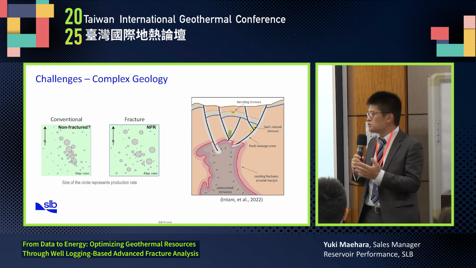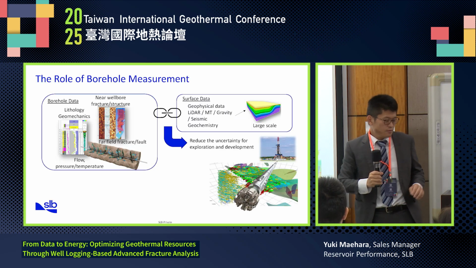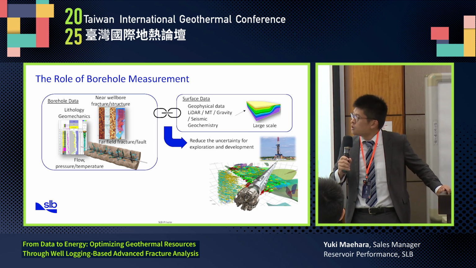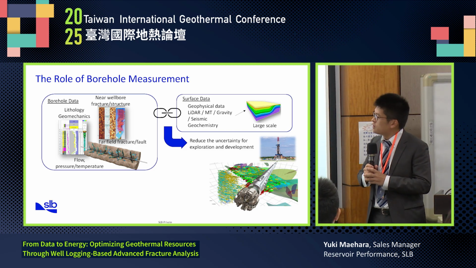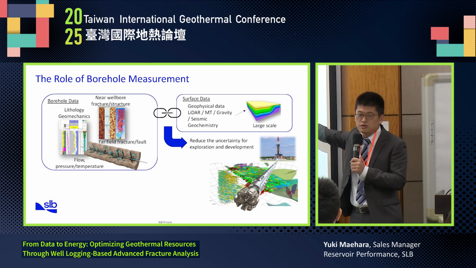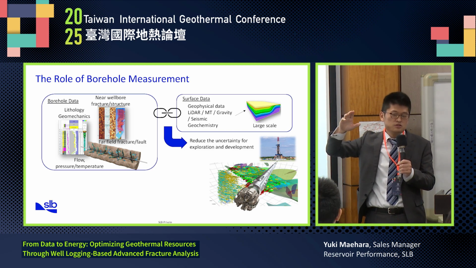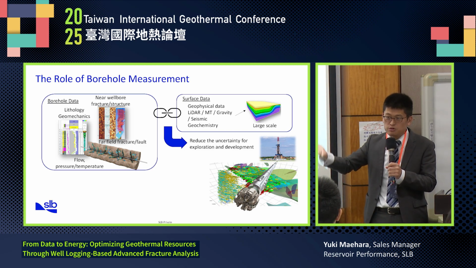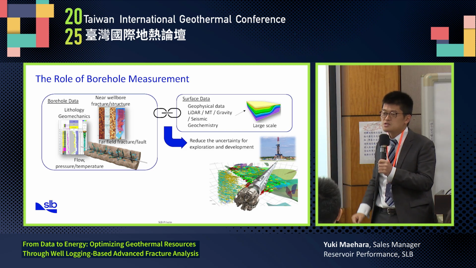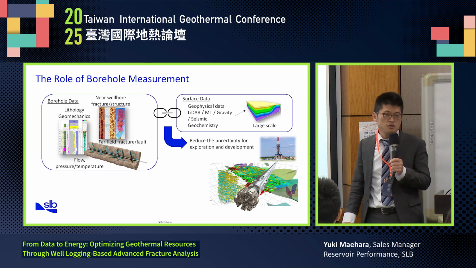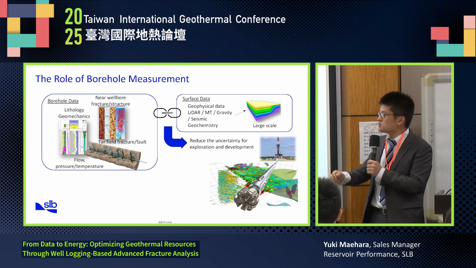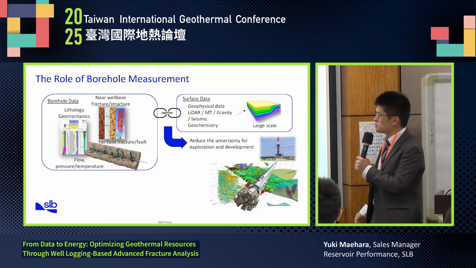So how can we tackle this challenge? We need data measurement. In terms of data, I split it into two types. One is borehole data, such as wireline logging data and coring data. The other side is surface data, such as geophysical surface survey data, like magnetotelluric or seismic, to understand the wide area geological structure.